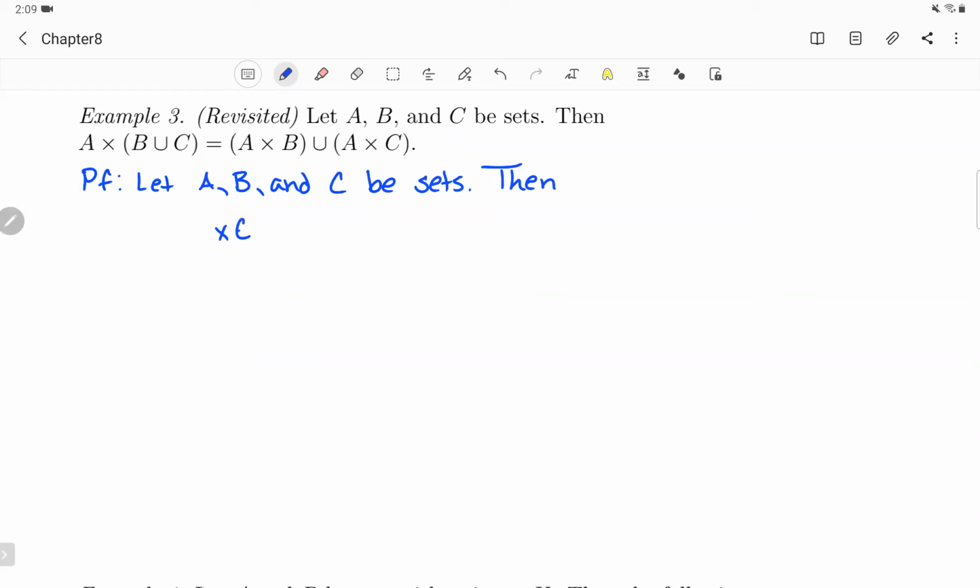We're going to say (x, y) is an element of A × (B ∪ C) if and only if, so put your double arrow, x is in A and y is in B ∪ C. I should have put (x, y), shouldn't I? I'm sorry, guys. Shame on me.